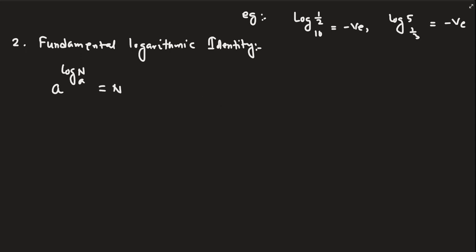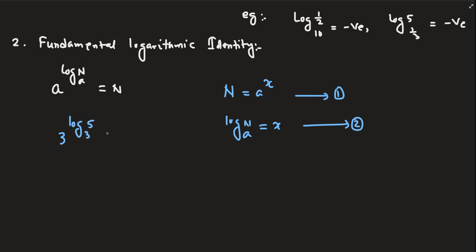Why does this happen? We know that n is equal to a to the power x. From here we get log n base a is equal to x. Now put this value of x in the first equation, and you get this result. This happens naturally. For example, a raised to log of 5 with base a is directly 5.